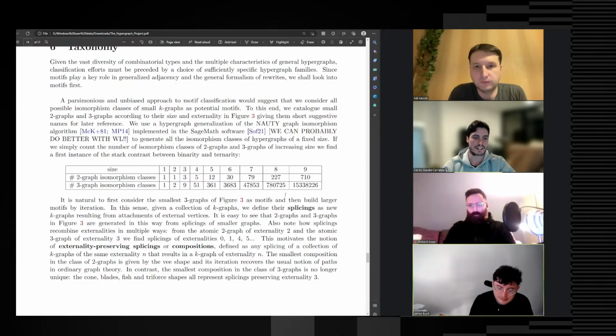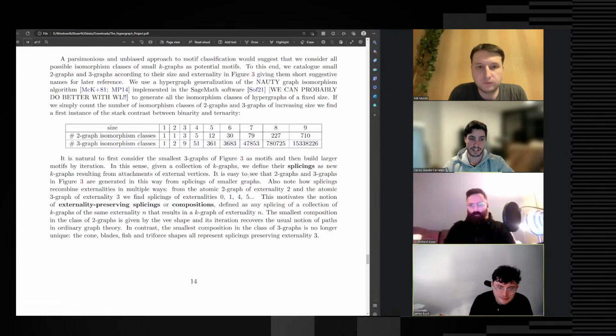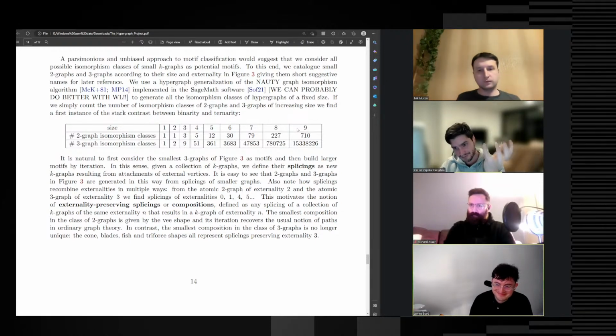You can see that it grows incredibly fast when you go up in order, something like 5 or 6 orders of magnitude apart. And to think that this is a 9-edge hypergraph, one that fits in the palm of your hand if you have triangles a few centimeters wide. There's 15 million combinations that you can put in your hand, and they're all different. It's kind of crazy.